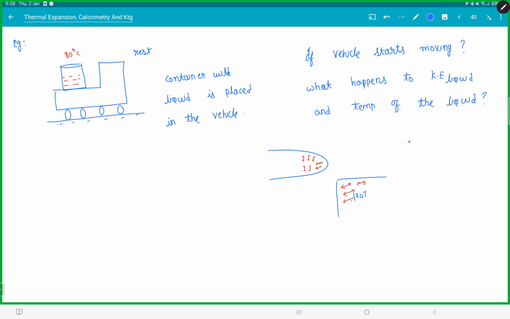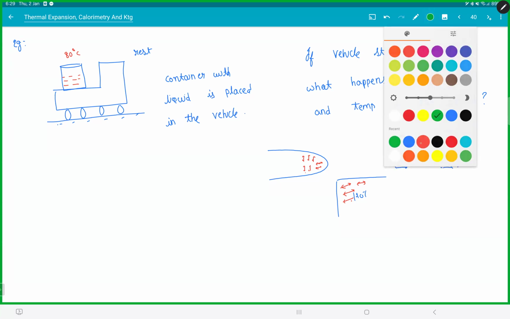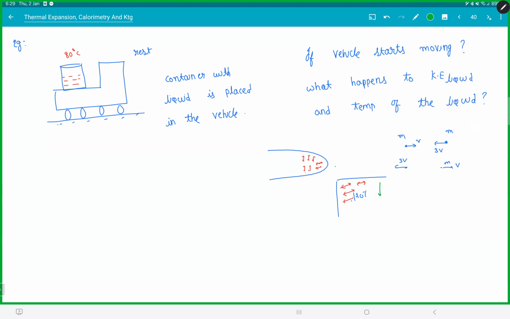So you tell me, if your hand molecules are going with velocity v, and the molecule of that body is going with 3v because it is hotter. If two bodies of same mass collide elastically, what will happen? They exchange velocities. So after collision, this guy will gain a speed of 3v, this guy will gain a speed of v, meaning the metal will actually cool down and your finger will gain more energy.